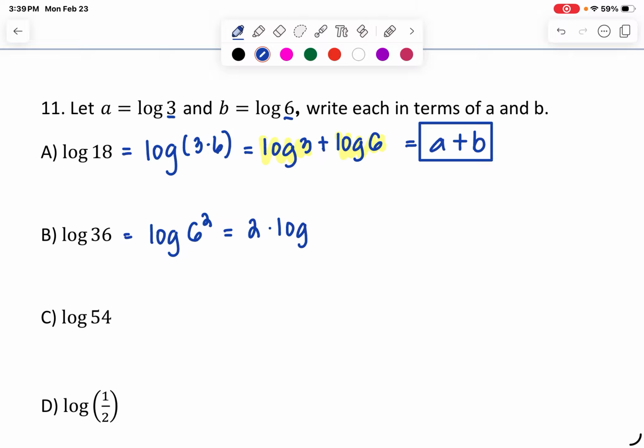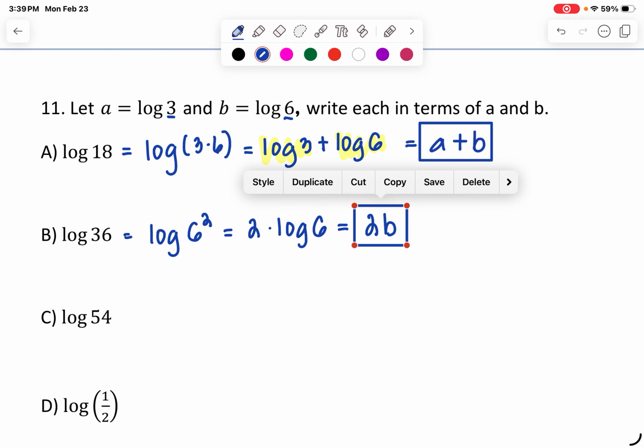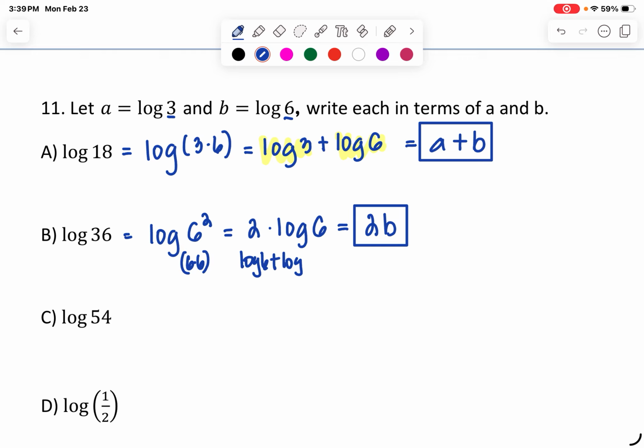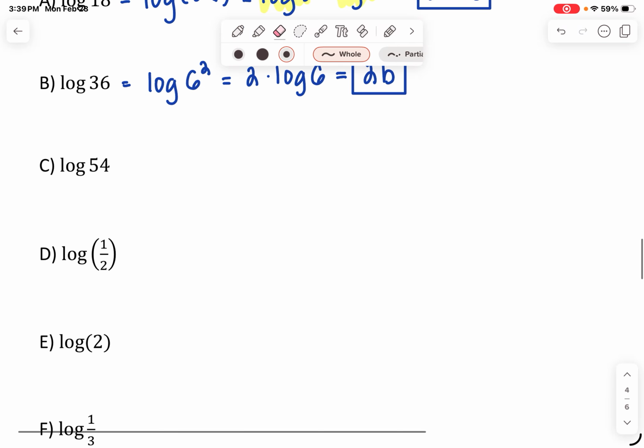So that's 2 times log 6, and then log 6 I can replace with a b, so that's 2 times b. If you would have said 6 times 6, then you could have done common log of 6 plus common log of 6, which is b plus b, which is 2b. Wow, all right? So you're going to get there either way.